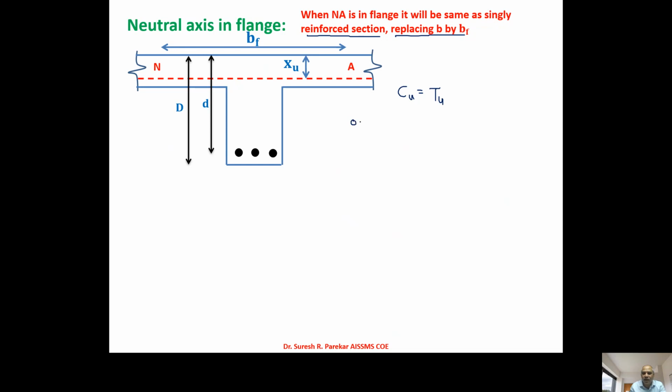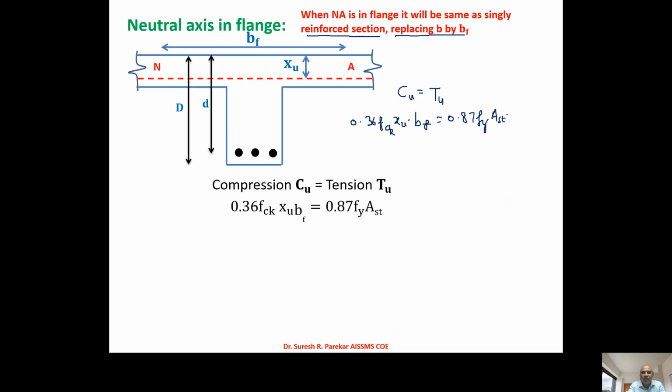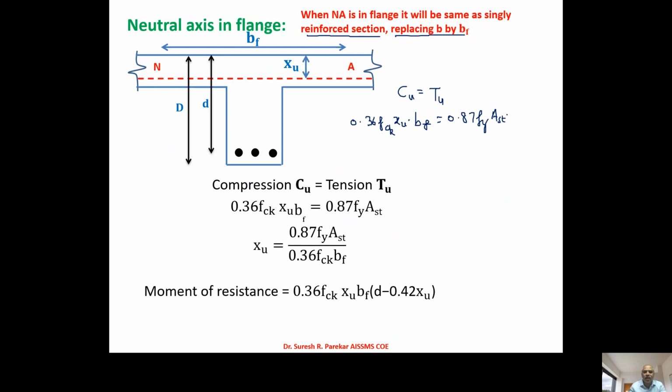Here CU is 0.36 FCK XU into BF, which is equal to 0.87 FY AST. From this we will get the value of XU. Once we know XU, we have simply CU into the lever arm. So it is the same as singly reinforced; the only change is BF. That is the only change when our neutral axis is in the flange.